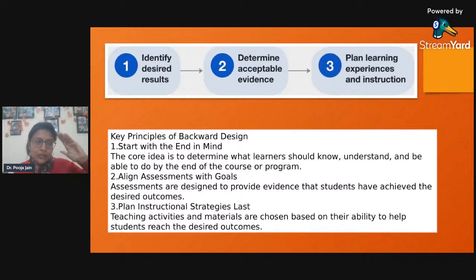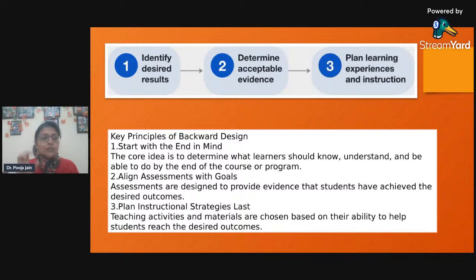That by the end of this unit, what is it that you want your learners, your participants to understand, to know, to be able to do with it, to apply, to execute, to implement? I mean, that is all Bloom's taxonomy verbs. Again, I'm not getting into it right now.